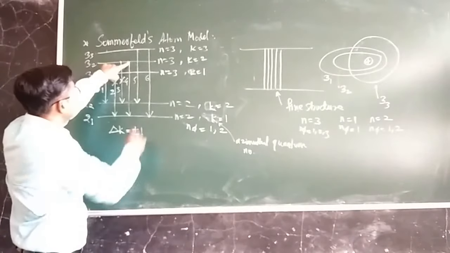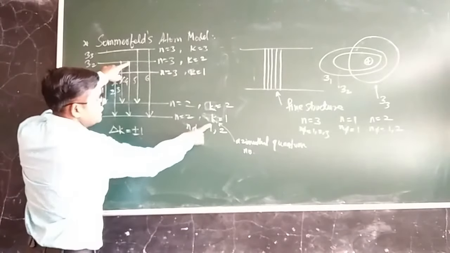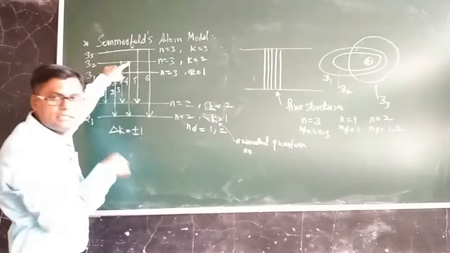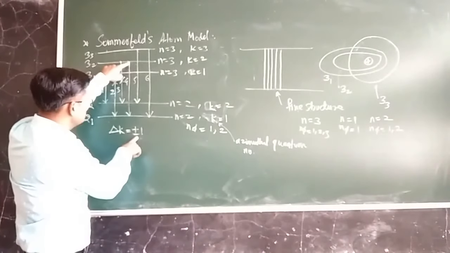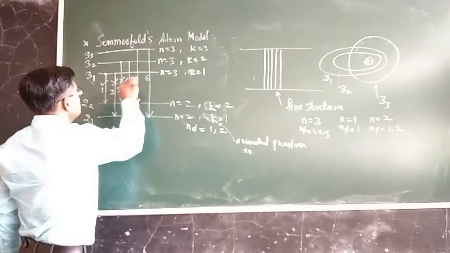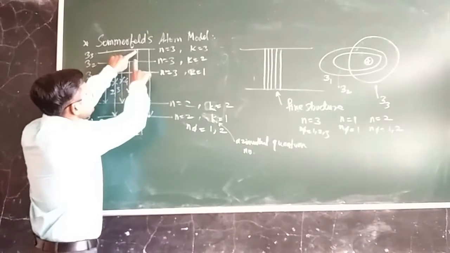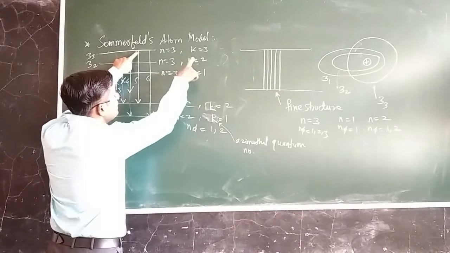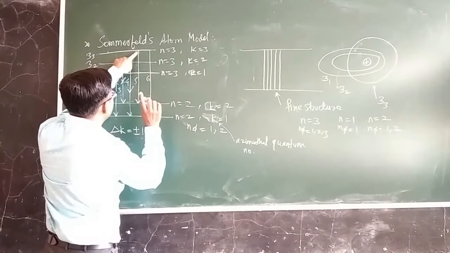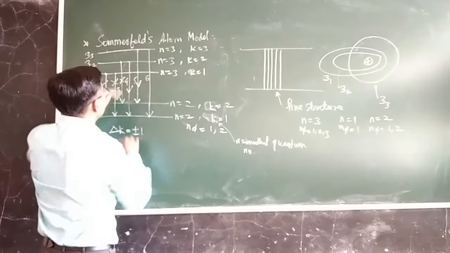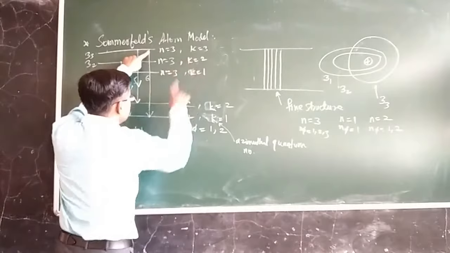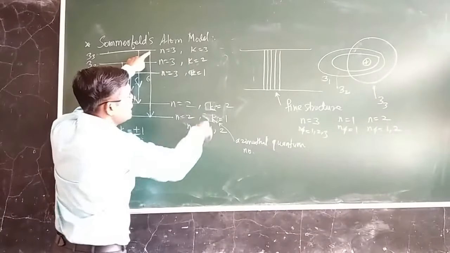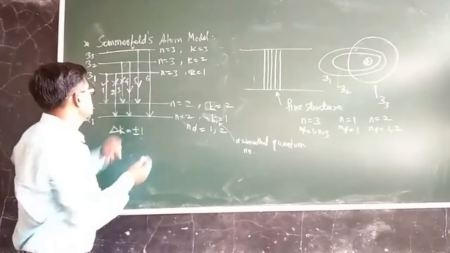What about this? K equal to 2 and k equal to 1. So 2 minus 1 is plus 1, delta k equal to plus 1 is allowed. What about this? K is equal to 3, k is equal to 2. So 3 minus 2 is 1, so this is again allowed. Here k is equal to 3 and k is equal to 1. 3 minus 1 is 2, and 2 is not allowed.